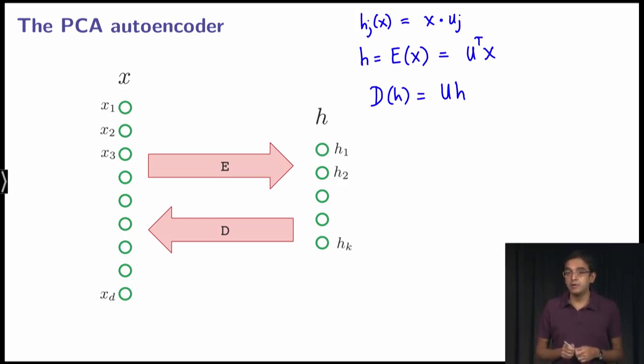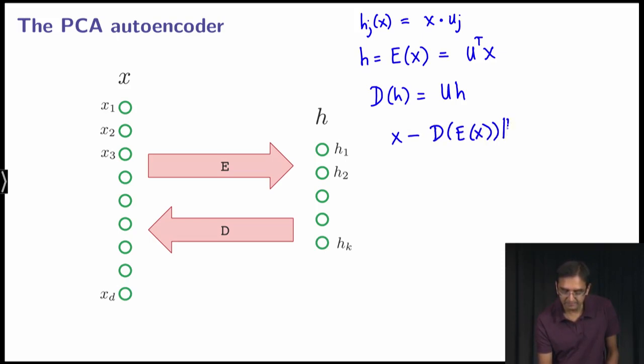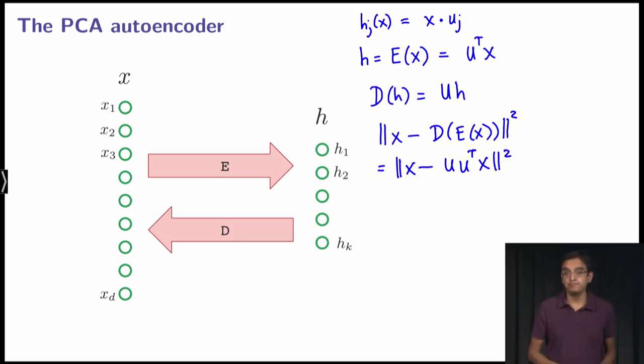And what is the error induced by this encoding and decoding process? Okay, so what happens? We take a point x, and what we're effectively approximating it by is the result of first encoding it and then decoding it. Okay, so this is x minus U U transpose x, that squared distance.